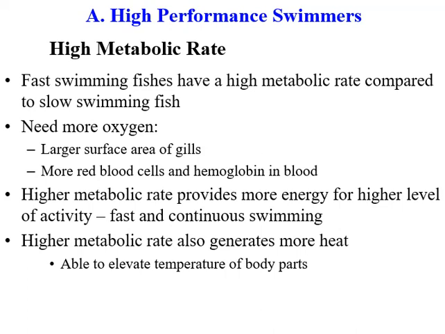You've got to generate more energy. You've got to burn more fuel to expend more energy, to have your tail beat back and forth, to move from point A to point B faster. If you're a high-performance swimmer, you have a high metabolic rate. So to support a high metabolic rate, you have to be able to extract more oxygen from the water.